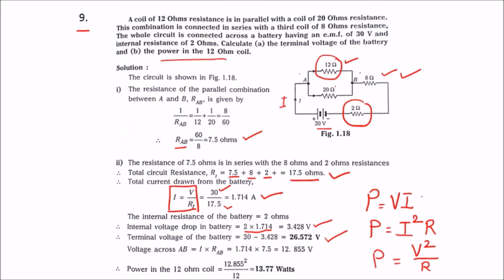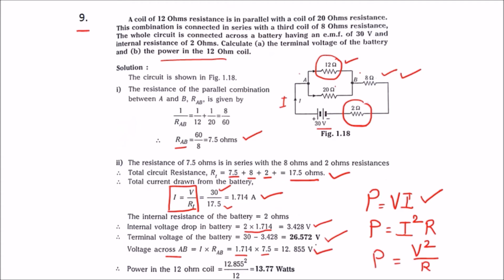So this is the easiest one, as we know the current and we can find the voltage across the 12 ohm resistance. So first we will find the voltage across AB, that will be I into RA, that is nothing but 12.855 volts.